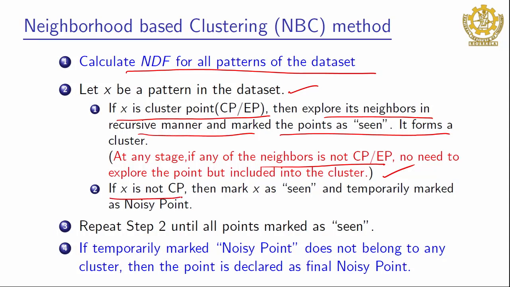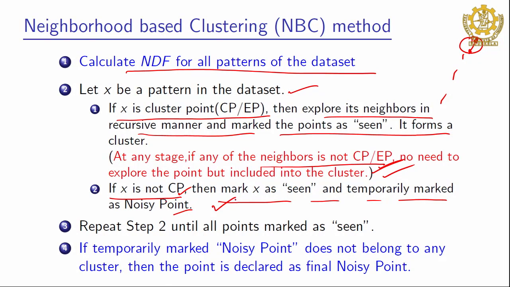And if it is not a core point, then mark x as seen and temporarily mark it as a noisy point. This is a confirmed border point, because you traverse and reach a point that you understand is a core point. But in this case, you started with some border point, so you are not sure whether there will be any core point or not.